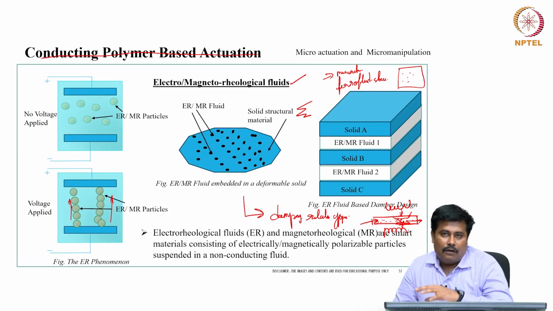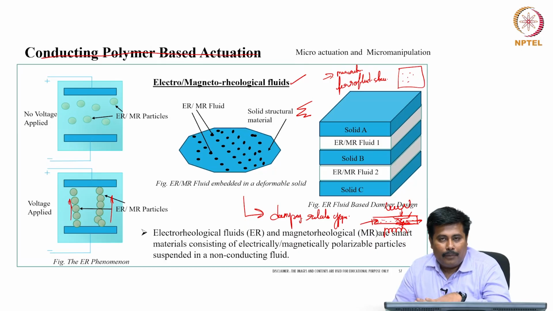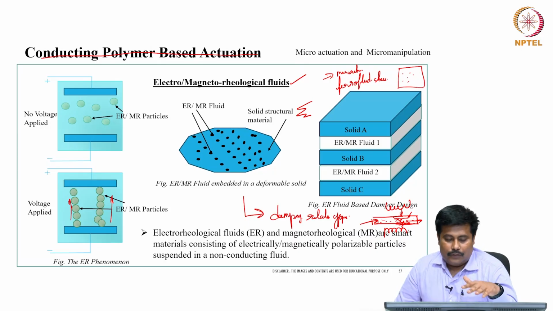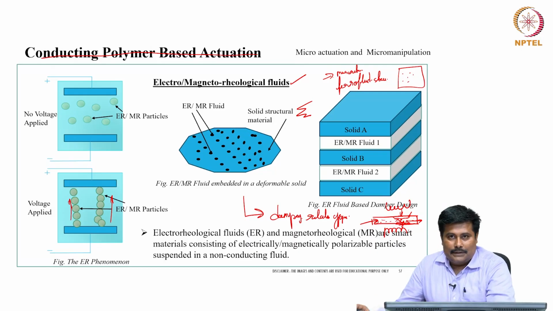Such biological related applications can be deployed using magnetorheological fluids. Of course, in biomimicking as well as micromanipulation related to biomimicking, we will be discussing a lot about this with different case studies.